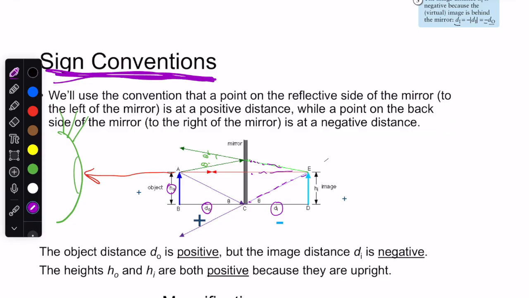And so anything that is behind the mirror is going to be the virtual side of the mirror. So DI will be negative, okay? However, the height of the image, if it's pointing up, is going to be positive, okay? So I know the image is on the virtual side, but because the image is pointing up, it's also going to be positive, okay? So HO and HI will be positive because they're both pointing up, but DI will be negative.